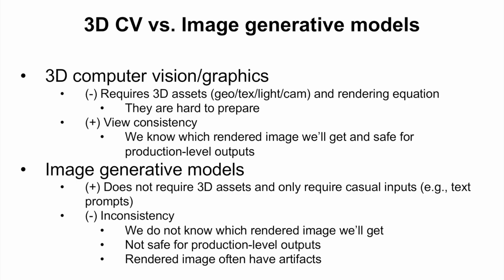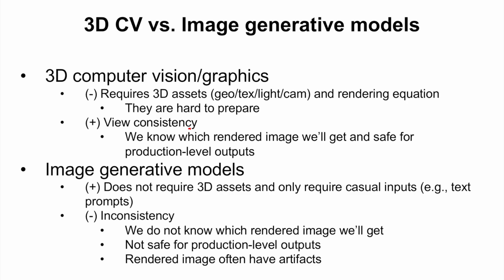That makes data collection quite expensive and non-trivial. But the good point is view consistency. Everything is consistent. We know what will happen when we render images from a certain camera pose. Mathematically, it is guaranteed that we will get those images. So we know which rendered image we will get, and it is safe for production-level outputs.